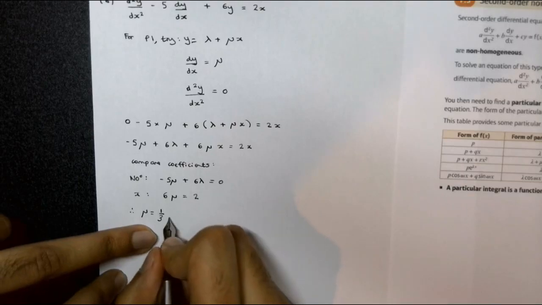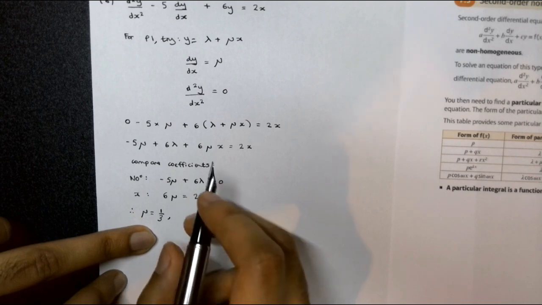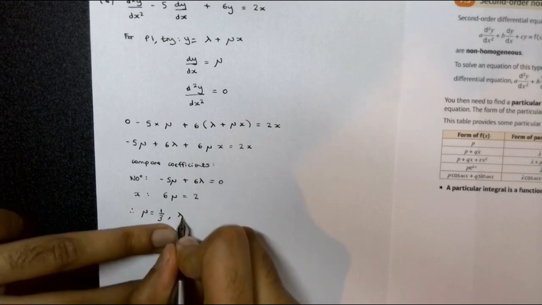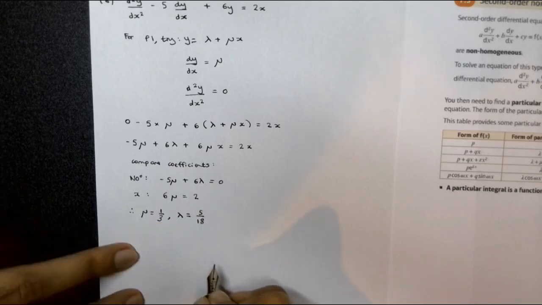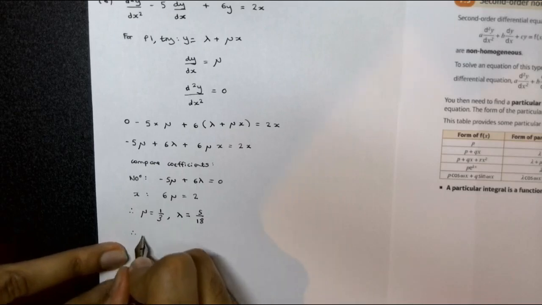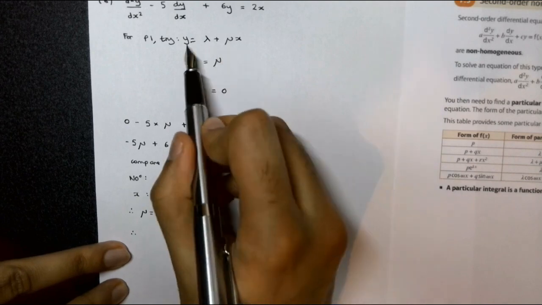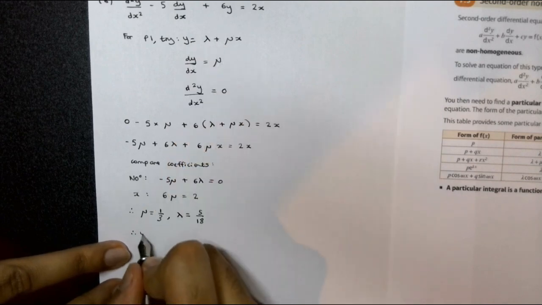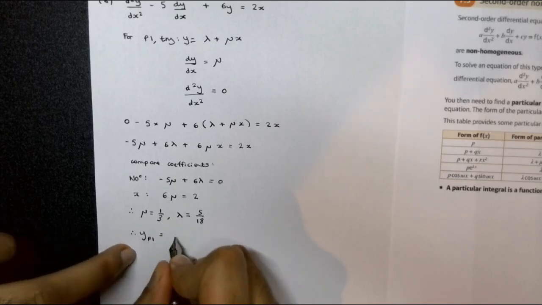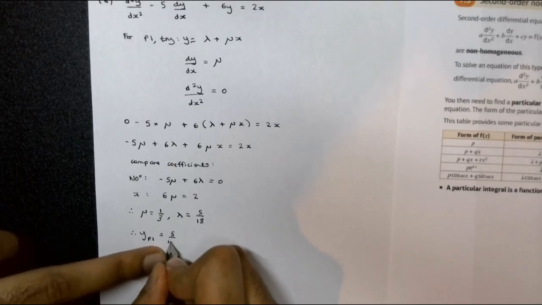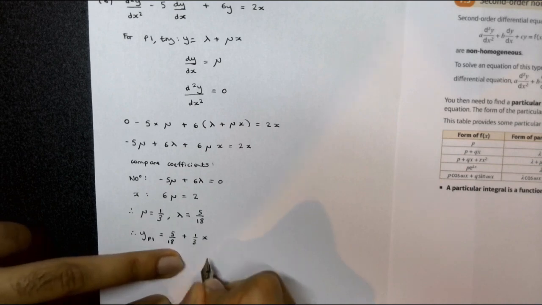And when mu is equal to 1/3, if we substitute back into this equation, you can see lambda is equal to 5/18. So therefore, knowing the value of mu, knowing the value of lambda, we can substitute back into here. So therefore our particular integral is equal to 5/18 plus 1/3 x.